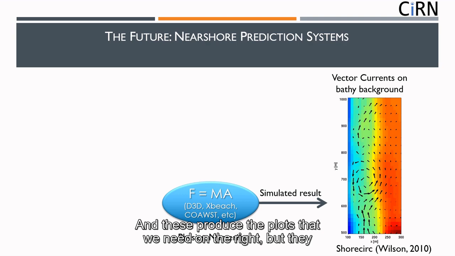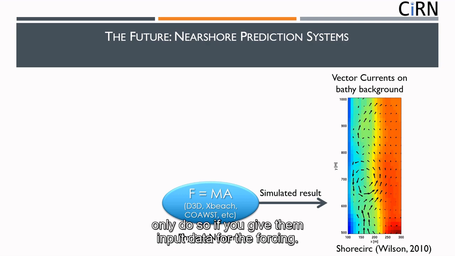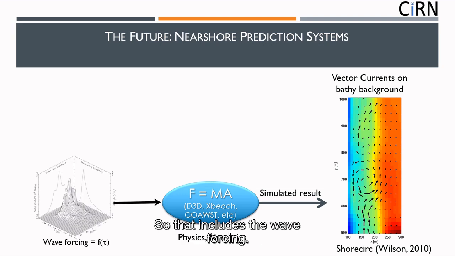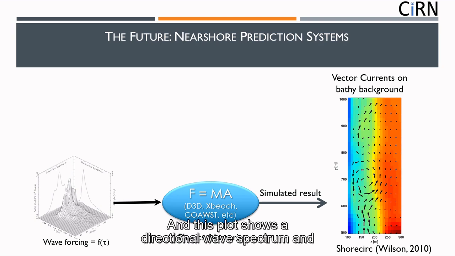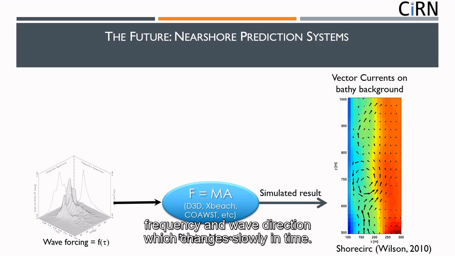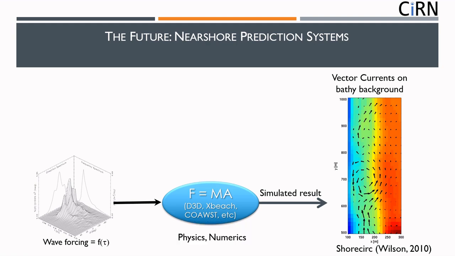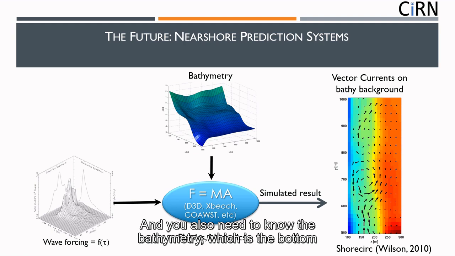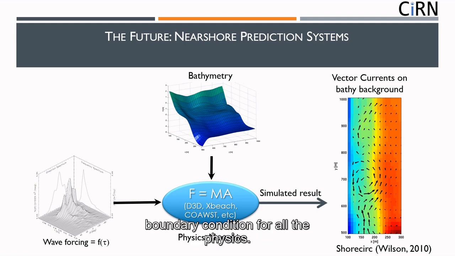But they only do so if you give them input data for the forcing. So that includes the wave forcing, and this plot shows a directional wave spectrum in frequency and wave direction, which changes slowly in time. And you also need to know the bathymetry, which is the bottom boundary condition for all the physics.